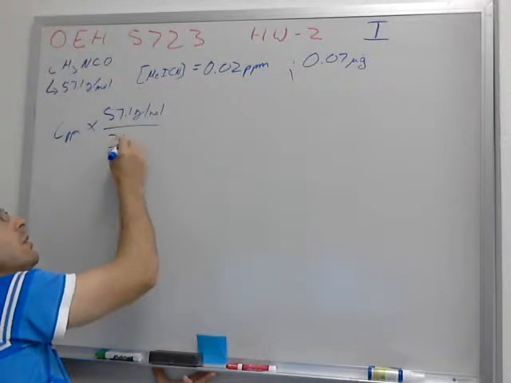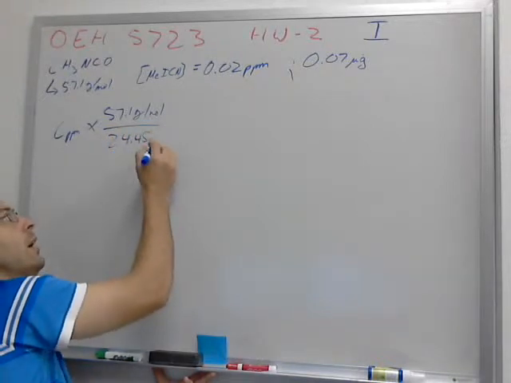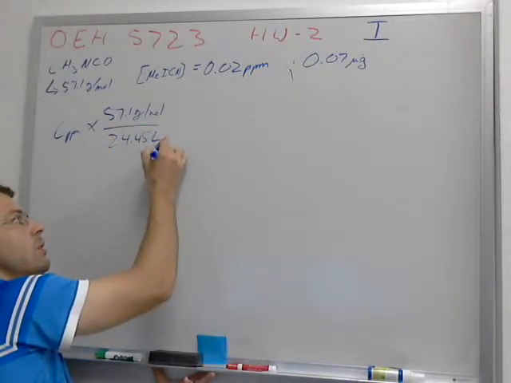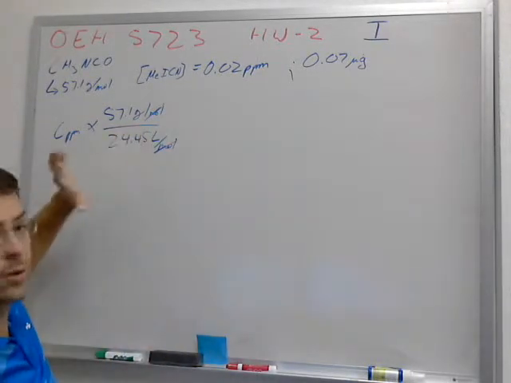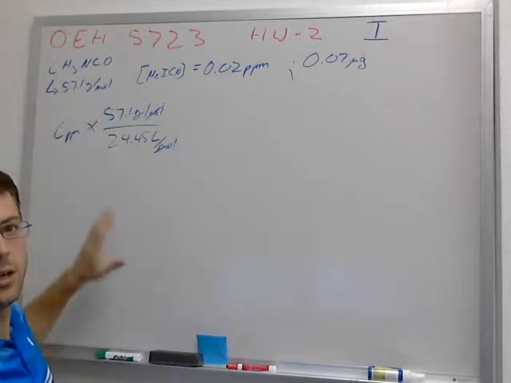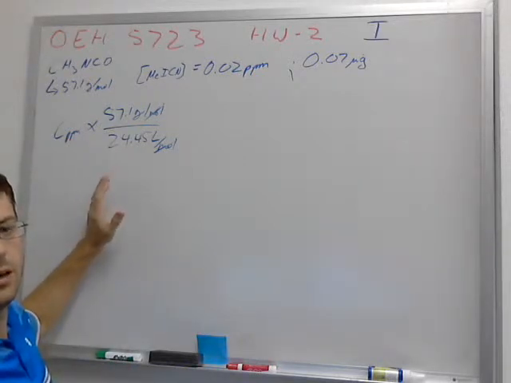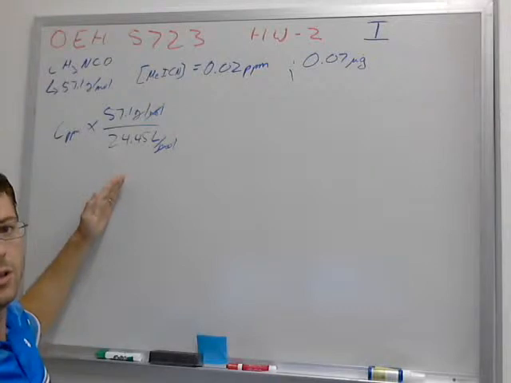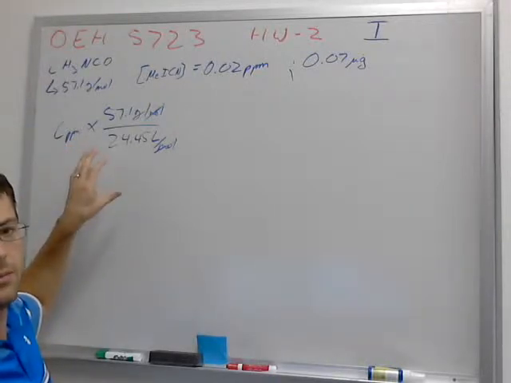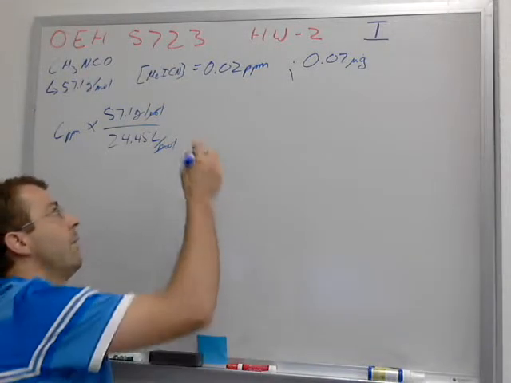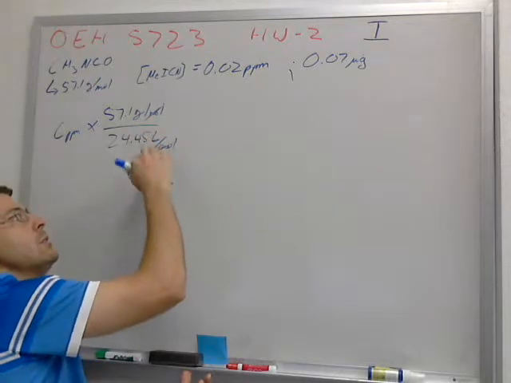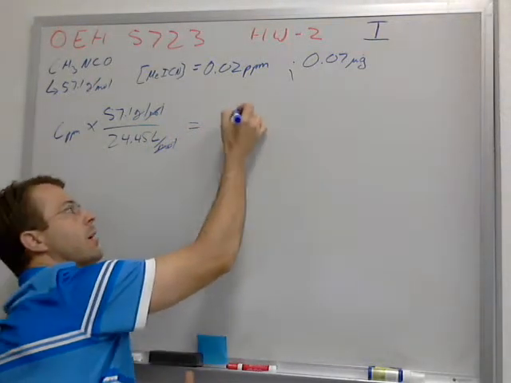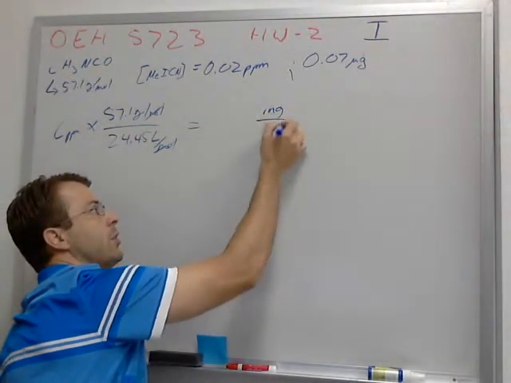That's going to be 24.45 liters per mole. So our moles cancel. We have grams per liter. And in this case, because of our units, we're 1,000,000 times less than we should be, which puts us automatically into milligrams per cubic meter.